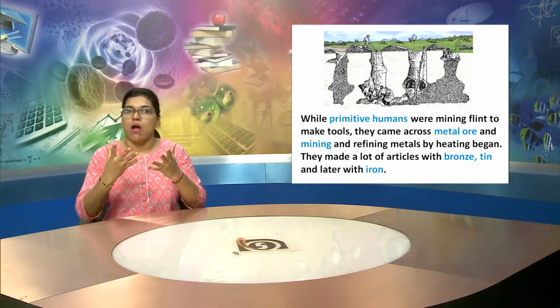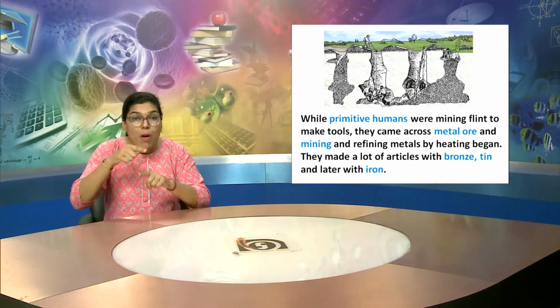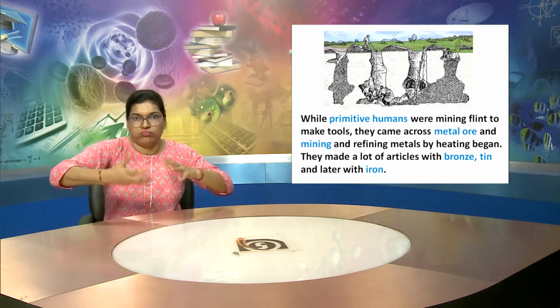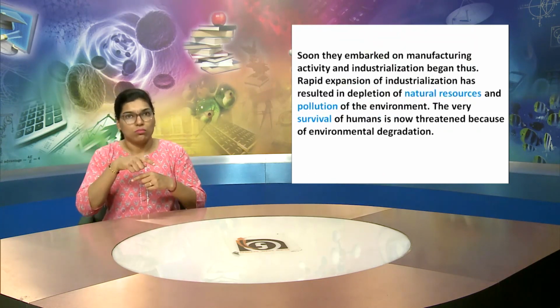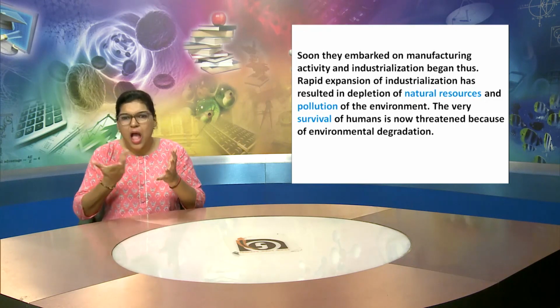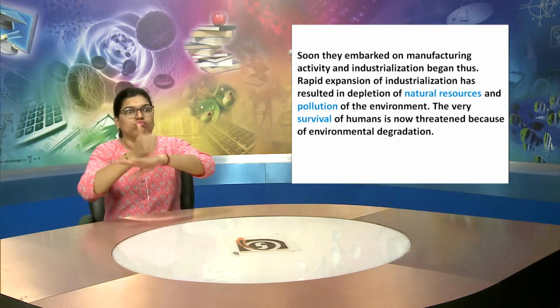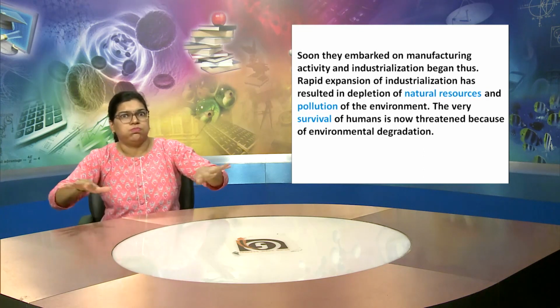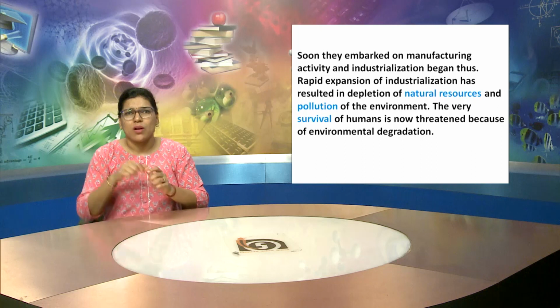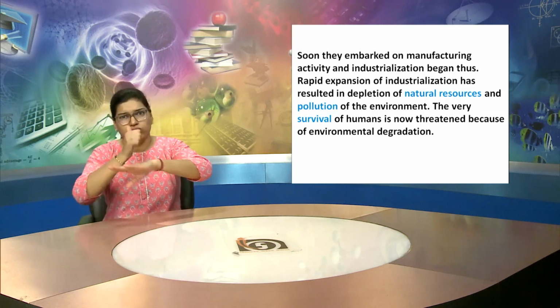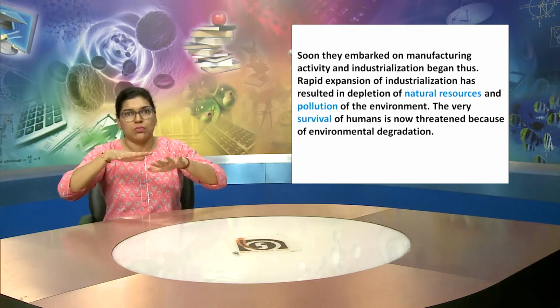And later when they discovered iron, they made items with metal iron. And after all these making of metal items, soon they embarked on manufacturing activities, and then industrialization began.